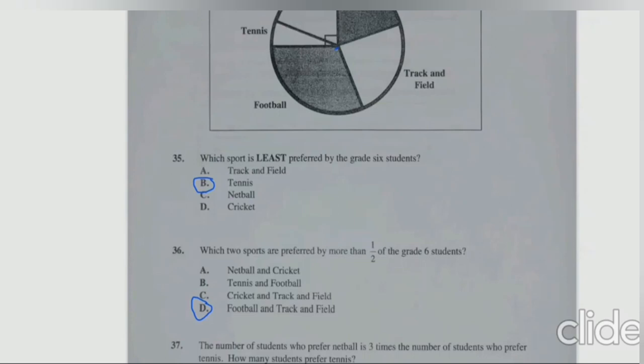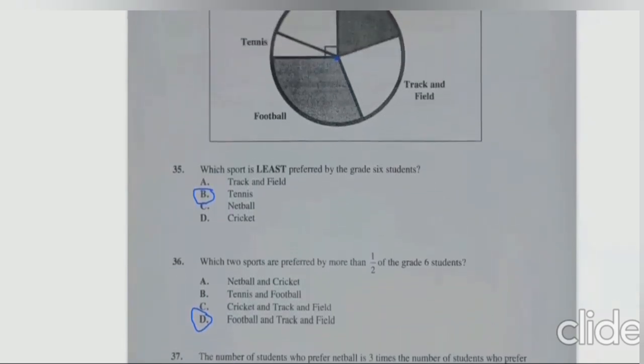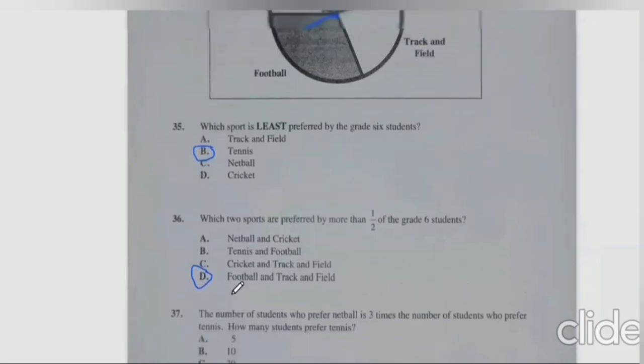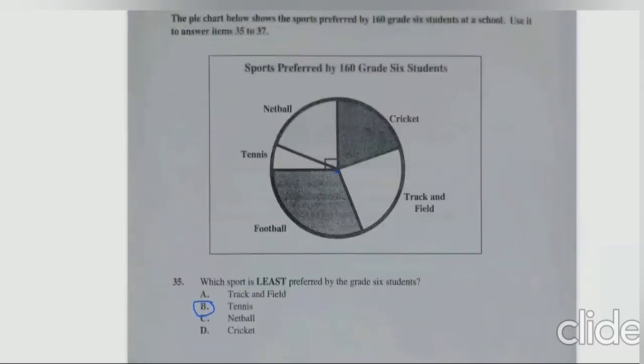If you look at it and it says 3 times the amount, this would mean that our answer cannot be 5, because if this is 90, or a quarter of, a quarter of 160 would be 40. So this is a quarter, 90 degrees. So a quarter of 160 would be 40.